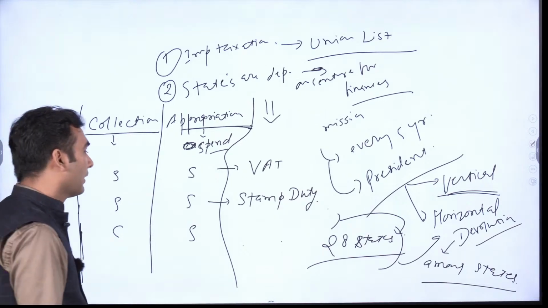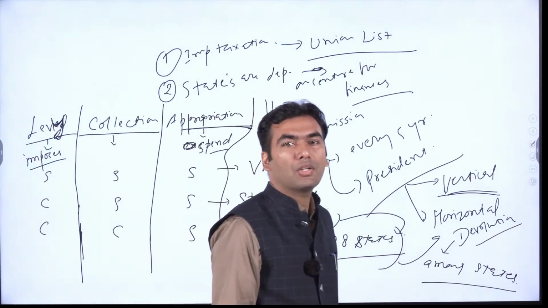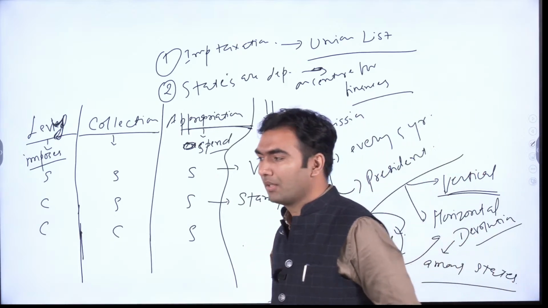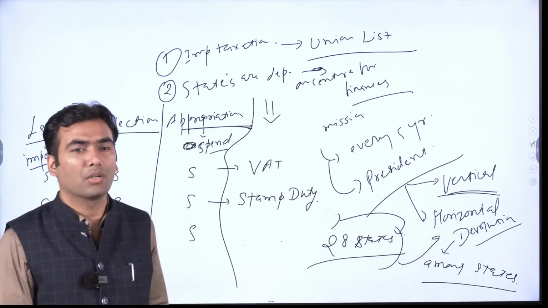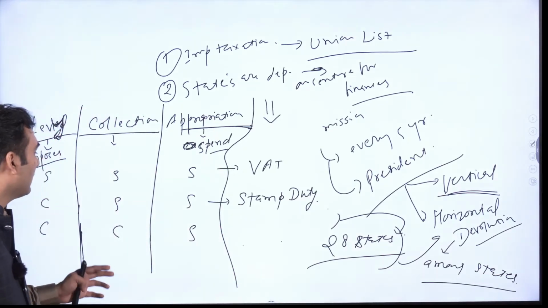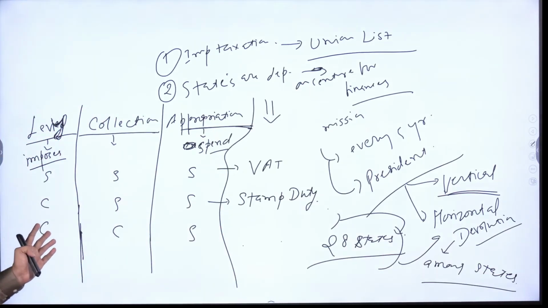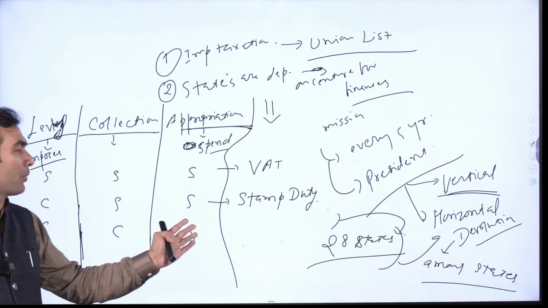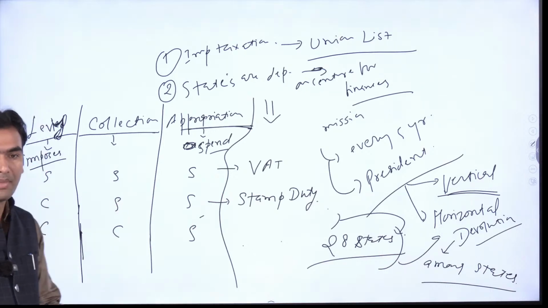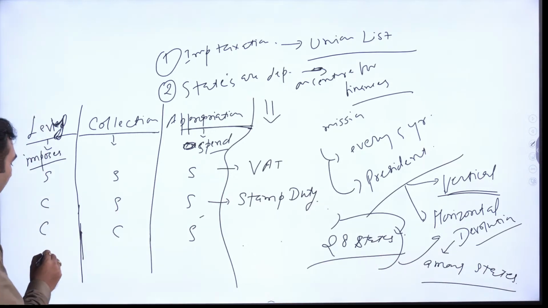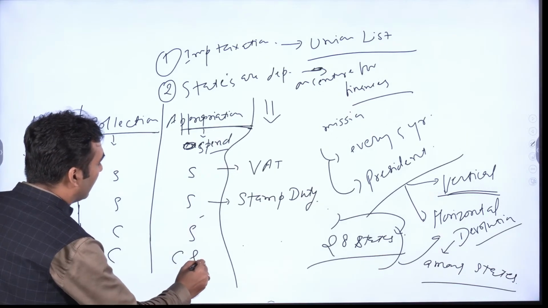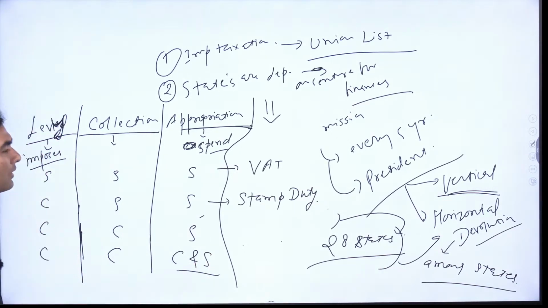These would be the taxes in the nature of interstate goods, like taxes on newspaper advertisements. These are levied by the center. Since they are interstate in nature, they are collected by the center also, but they are appropriated by states. The fourth is levied by the center, collected by the center, and appropriated by both center and states. They are distributed among center and state.